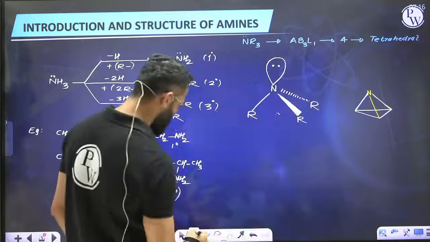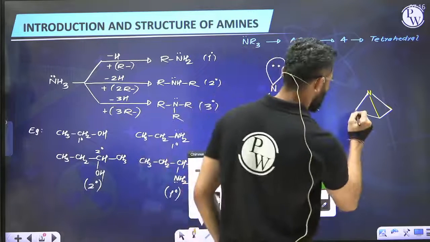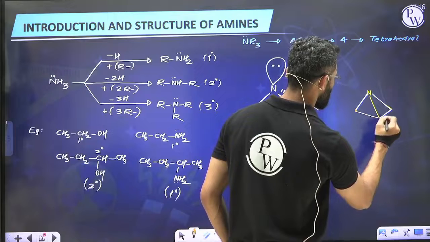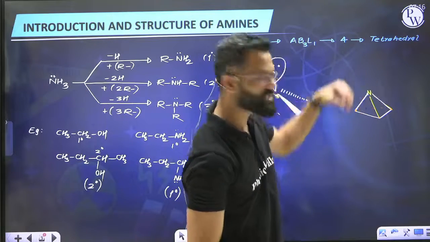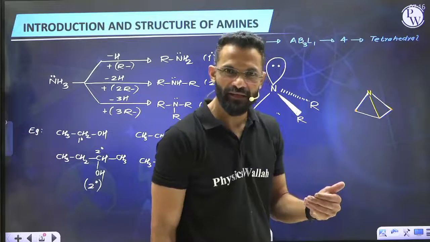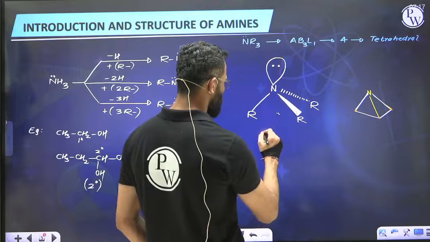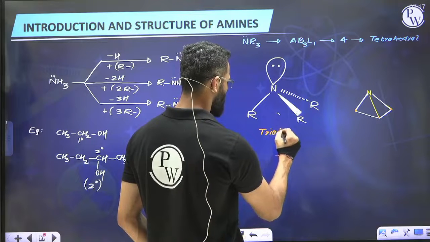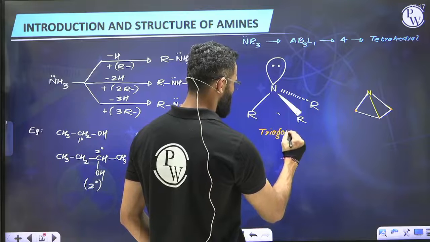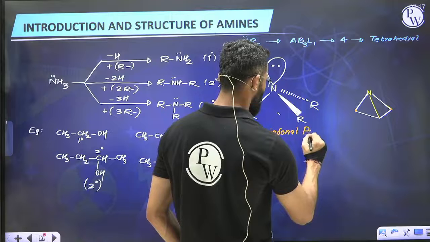The base of this geometry has 3 atoms, this 1, 2, 3, and the overall molecule looks like a pyramid on the base of 3 atoms, and hence such geometry is said to be trigonal pyramidal. So we say amines have a trigonal pyramidal shape.